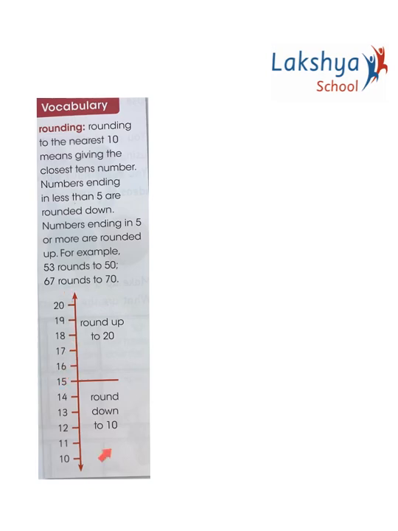Over here, when you take a number 15, it should be rounded to 20 because it is 5 or more than 5. But when you pick a number 13, it has to be rounded down because it is closer to 10.